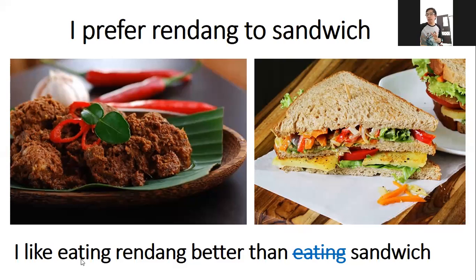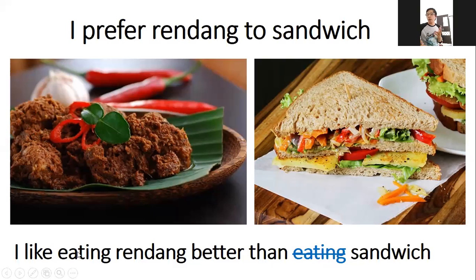So here, if the noun is the same, you may erase it, so it doesn't look repeated. I like eating rendang better than eating sandwich. You don't have to put eating in the next part of the sentence. I like eating rendang better than sandwich.